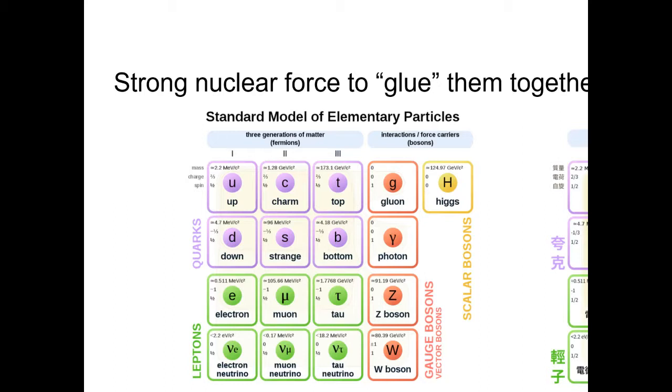For different levels of quarks, this is the first generation, second generation, and third generation. You can see that it needs different kinds of energy to disassemble a proton or a neutron. It's something like 2.2 MeV, this is something like 1.28 GeV, and this is already 173 GeV.